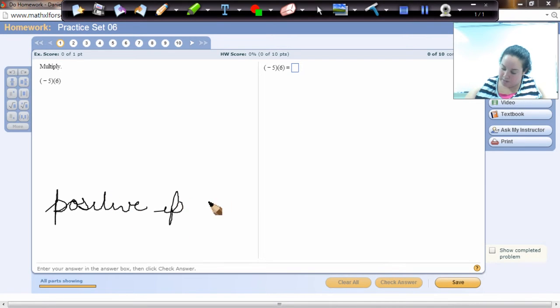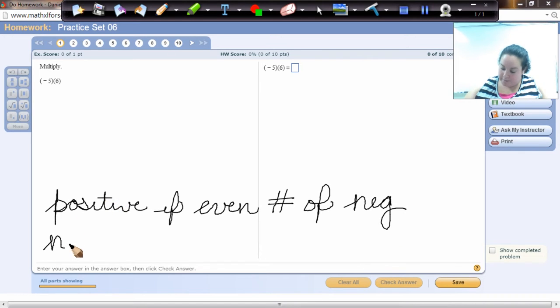If there's an even number of negatives, right? And it's negative if we have an odd number.